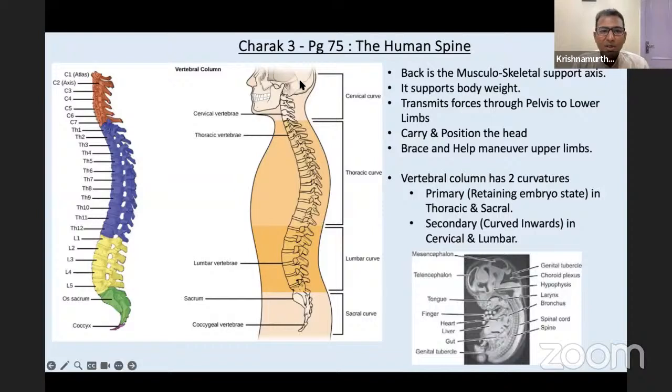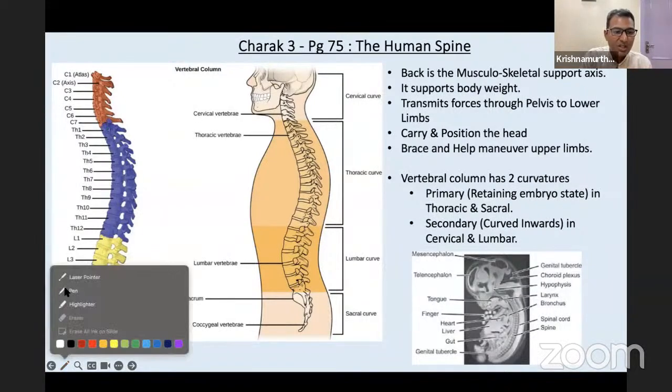Okay, a little bit about the curvature. See, the spine is not in one straight line. So when you see from the side of the body, it has a curvature. It is curved. It is not in one straight line. So this is called as double S. So it is a double S curvature.